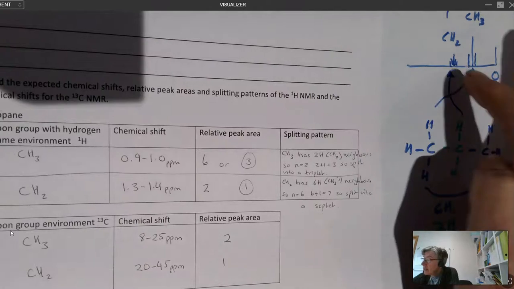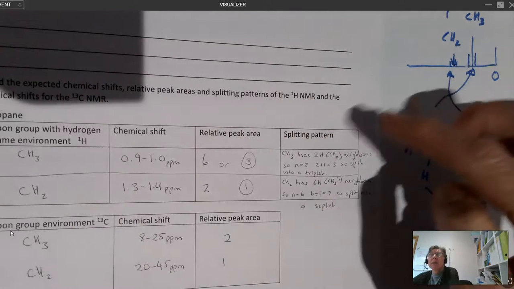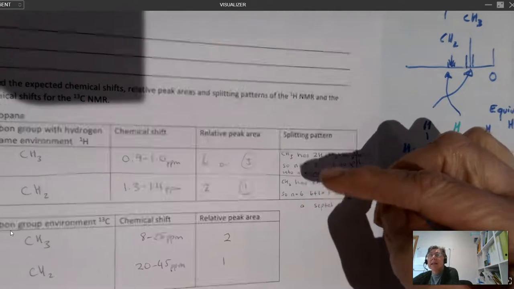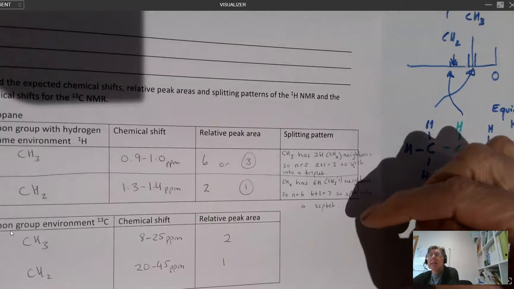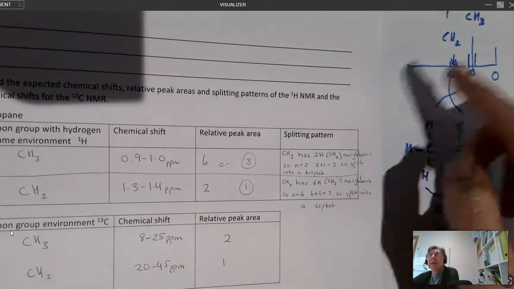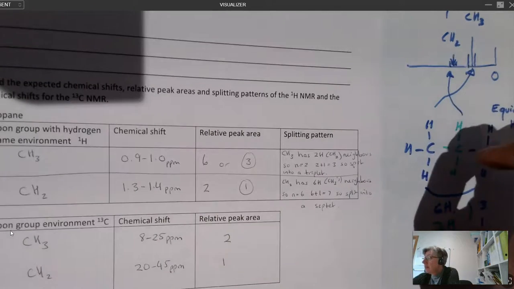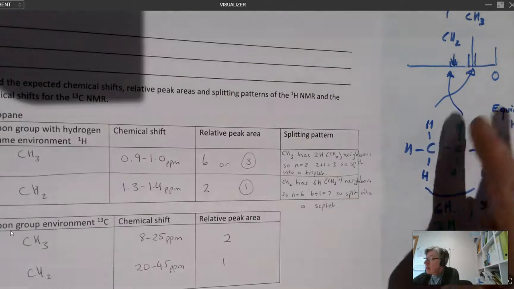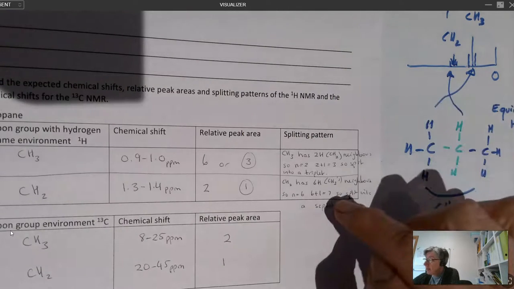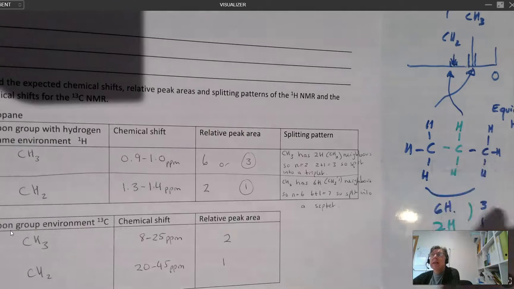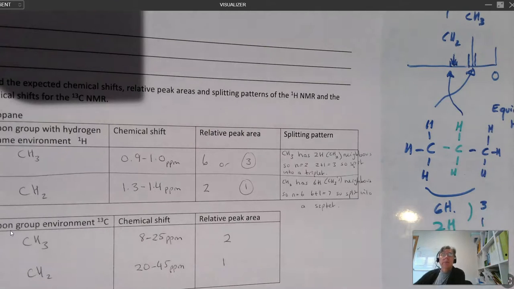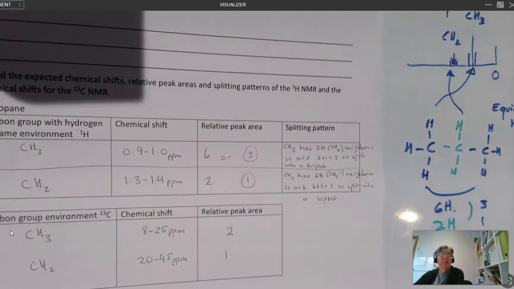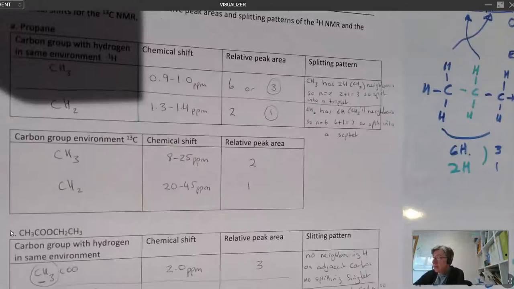If it's hard to see like that, they would probably put a little graph to say that it's split into 7, or it's split into a septet. And then if you're going from that to the neighbours, you'd have to say 7 minus 1. I've got 6 hydrogen neighbours. Alright, hopefully that helps. So there's only 2 chemical environments for that one.